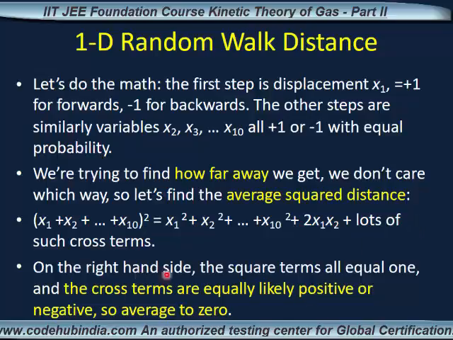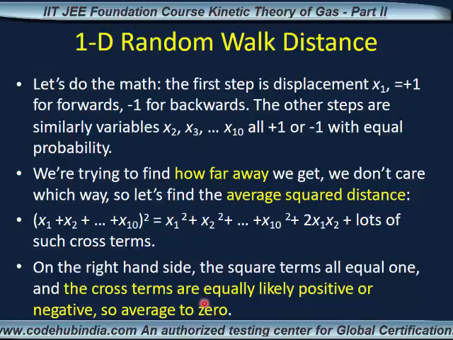On the right hand side, the square terms all equal 1. Clear? Because 10 terms of value 1 becomes 10.